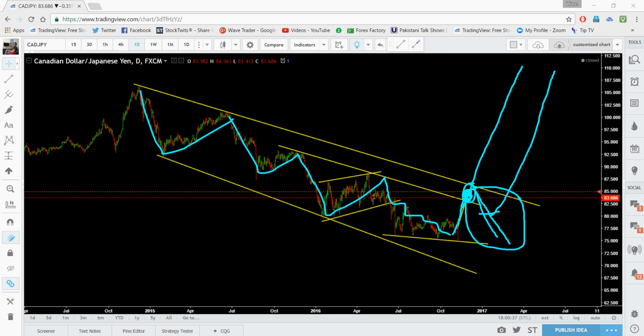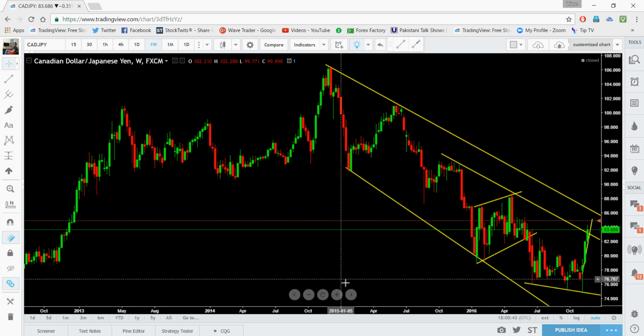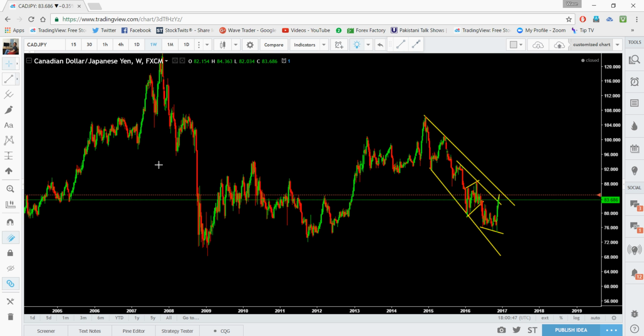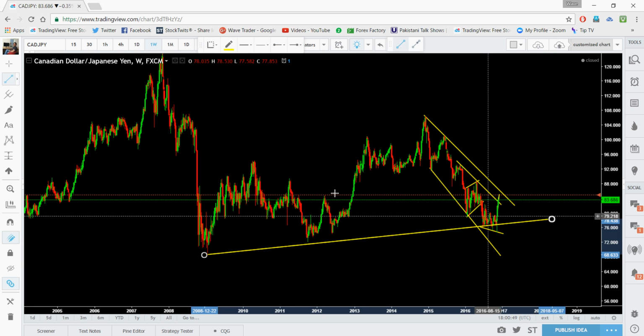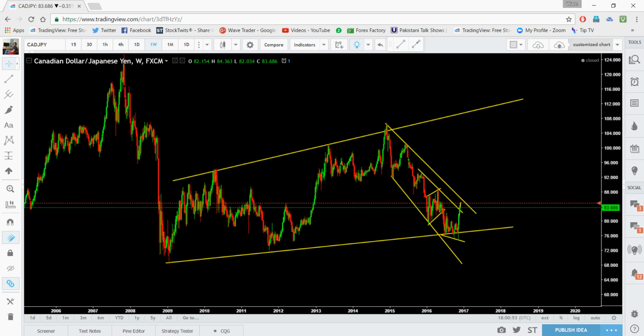But the bigger picture is something like this, yeah. The bigger picture is something like this, yeah. The bigger trade is gonna come in that direction.